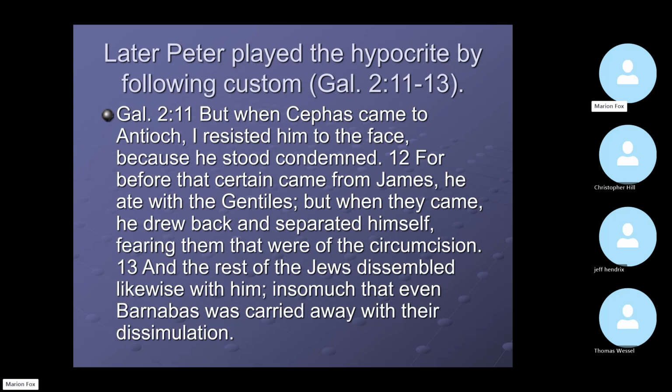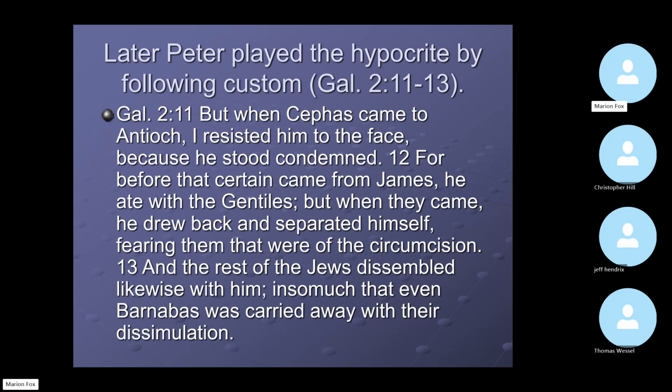And now in verse 12, he's going to explain what he did that caused him to be condemned. Before that certain came from James. Now, when you see the word certain, it's tis in Greek, and it usually refers to somebody prominent. We don't know who this person was, but he ate with the Gentiles before that person came. Someone prominent came.